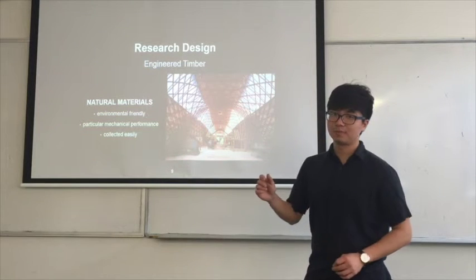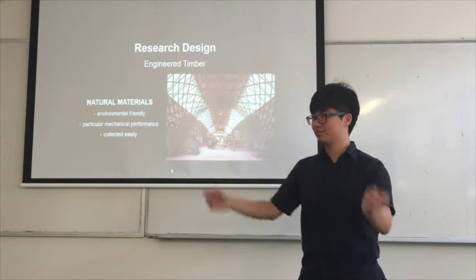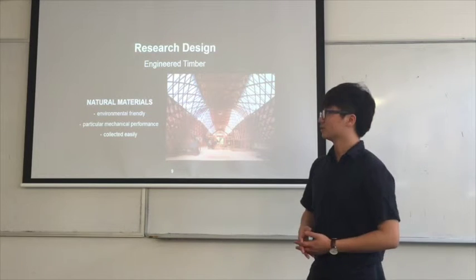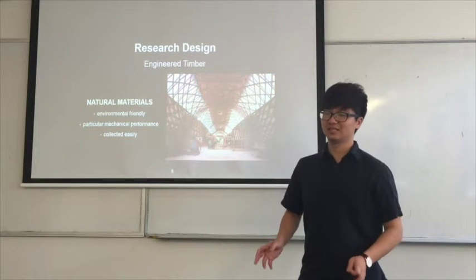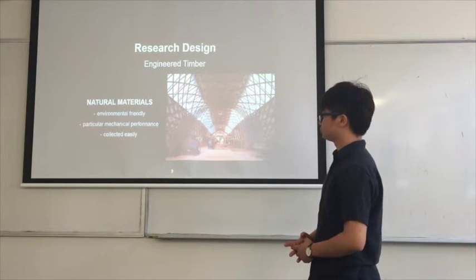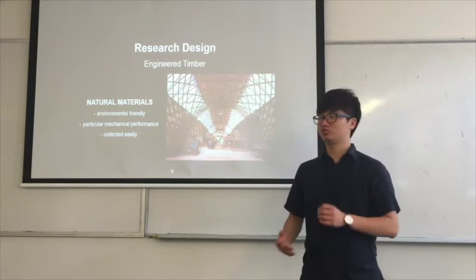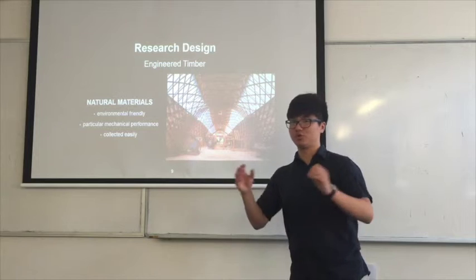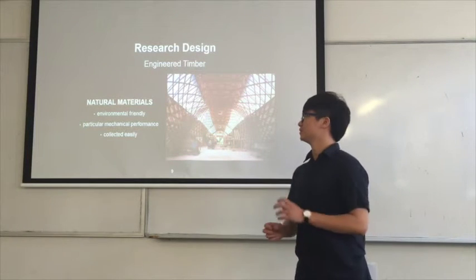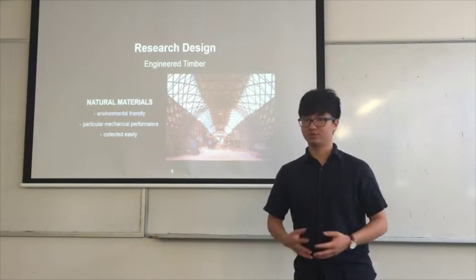Timber can be built in every shape you want, unlike concrete. It also assembles easily. We do not need anything special to make it up; you can just click it together, naturally.